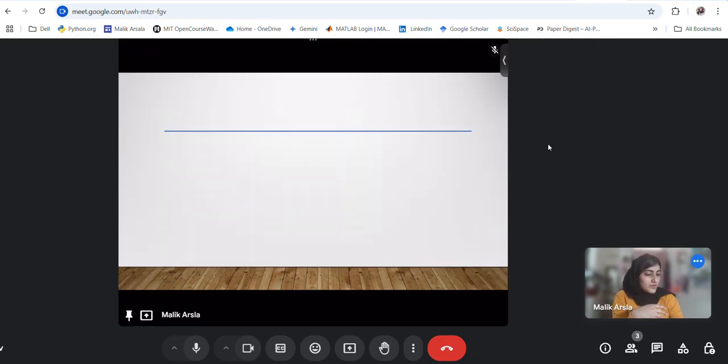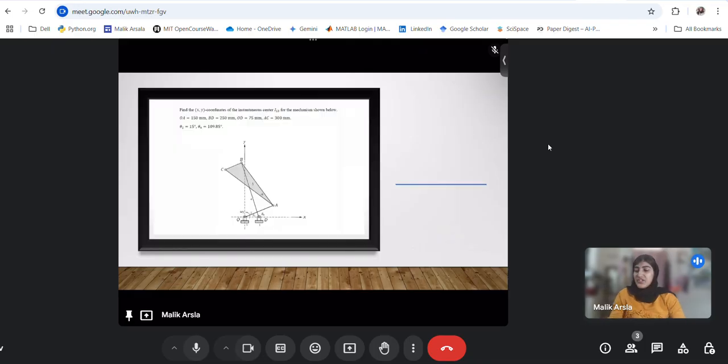Okay. So the question given here is: find the xy coordinate of the instantaneous center I3 for the mechanism shown below. Below is given a mechanism which has lengths OA equal to 150 mm, BD 250 mm, OD is 75 mm, and AC is 300 mm.